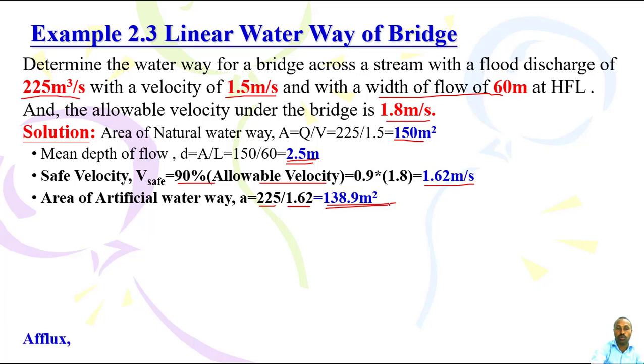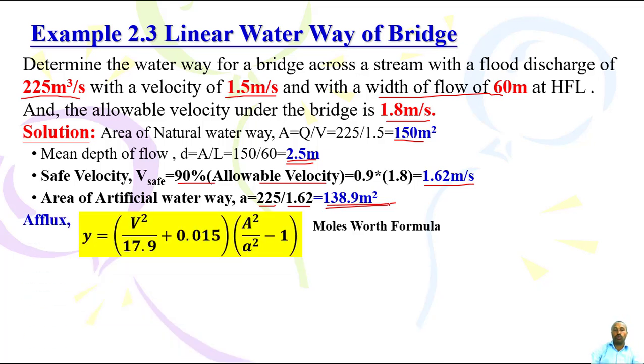Then, according to Molesworth's formula, afflux is given by the heading up of water near the bridge site, given by V square over 17.9 plus 0.015 times A square over a square, where A is the area of natural waterway and a is the artificial area.